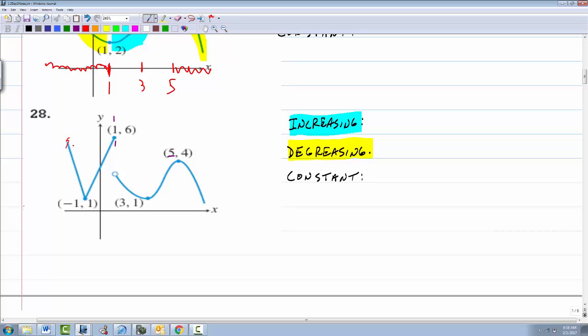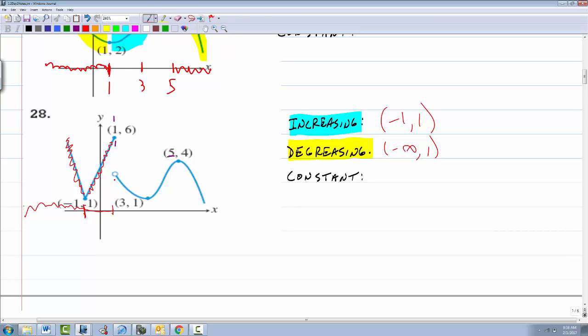Hey, everybody, what am I doing from here to here? Decreasing. Now, what you do is you name, again, the x's. Negative infinity to negative 1. You name the x. Now what am I doing? Increasing. That's from negative 1 to 1 when you plug in those values.